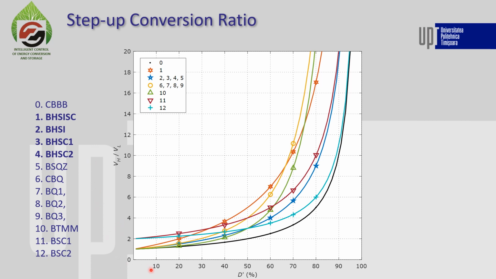And this is as a function of the D prime duty cycle. This is done in order to compare these converters to conventional unidirectional boost converters, so we have similar conversion ratios.